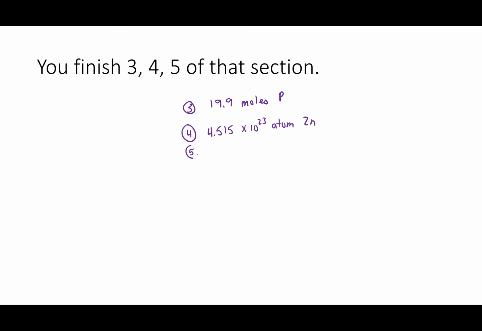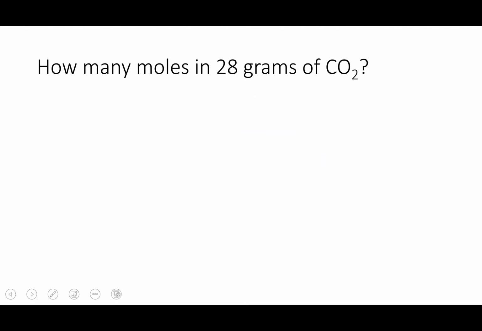And the correct answer to number 5 is 2.41 times 10 to the 23rd molecules. All right, so again, in that section, we strictly went from Mole Island to Things Island. It was one step.